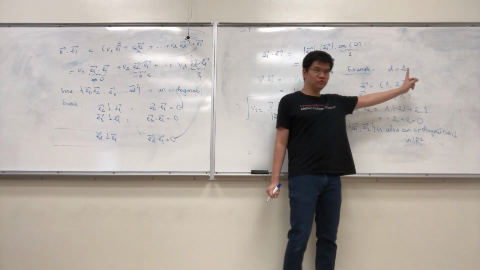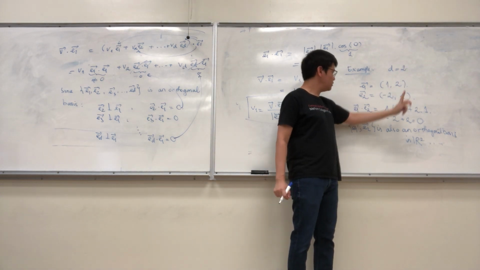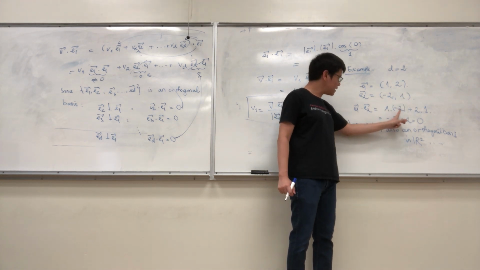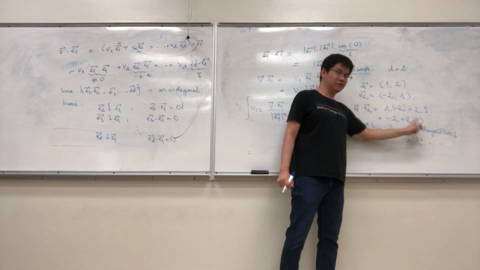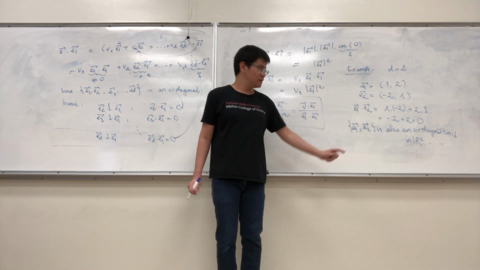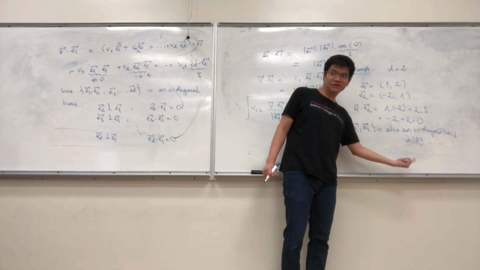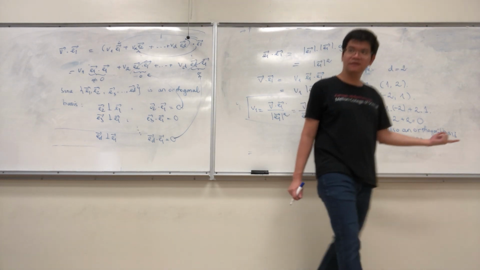Example, in dimension 2, I choose two vectors: the first one is (1, 2), the second one is (-2, 1). I multiply them: 1 times -2 plus 2 times 1, which is -2 plus 2, so 0. These two vectors are orthogonal in R2, and they form an orthogonal basis.